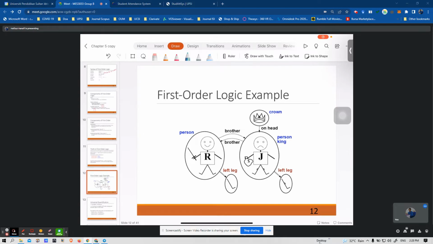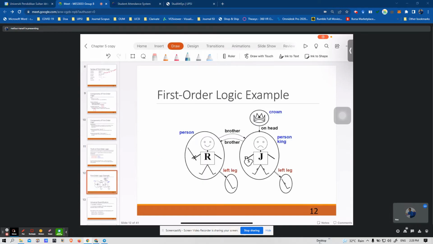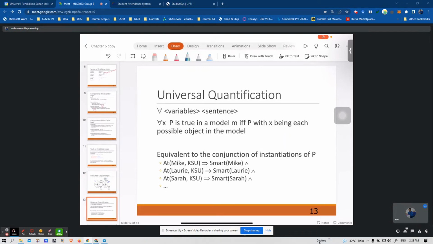This one we call the function symbol. And then we have universal quantification, equivalent to a conjunction of instantiations because we are referring to objects. P is true in a model if and only if P with x is true for each possible object in the model.